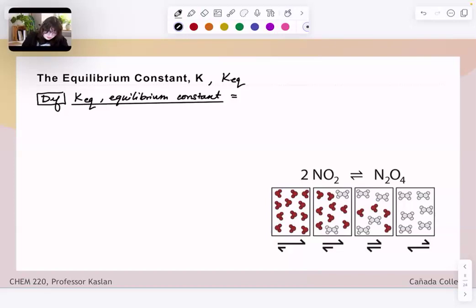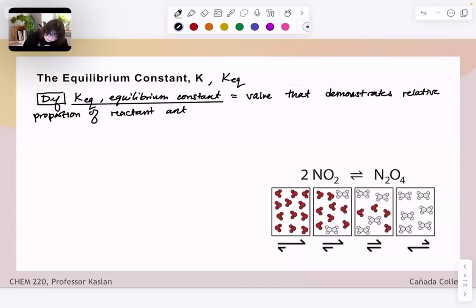So an equilibrium constant is a value that demonstrates a relative proportion of reactant and product concentrations at equilibrium.